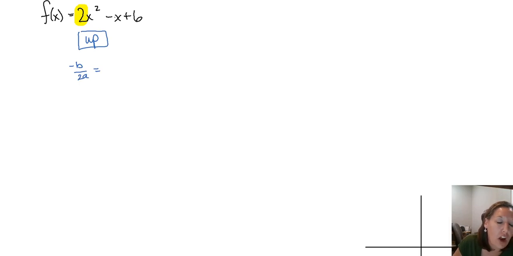Here our b value is the coefficient on x, which is negative 1. So we get a negative of negative 1 over 2 times 2. That's going to give us a positive 1 over 4. All right, now to find our y value, we're going to find f of 1/4.